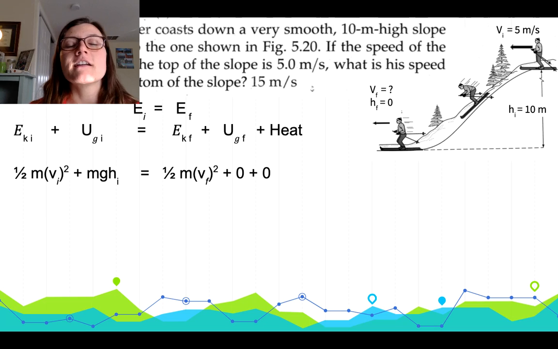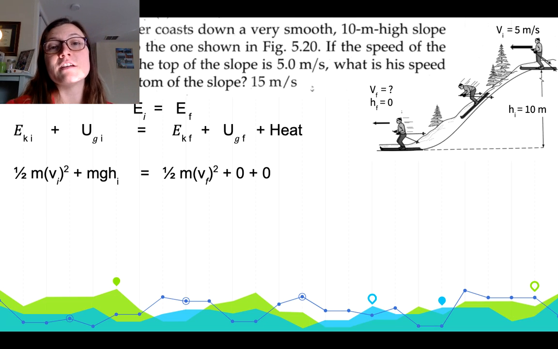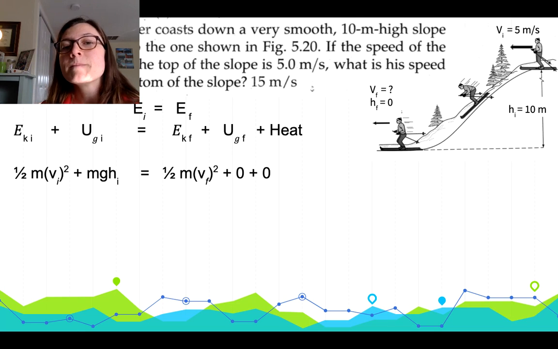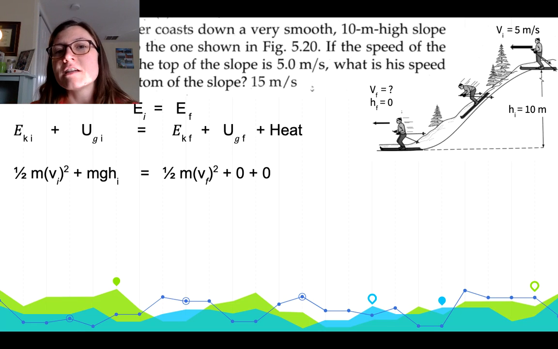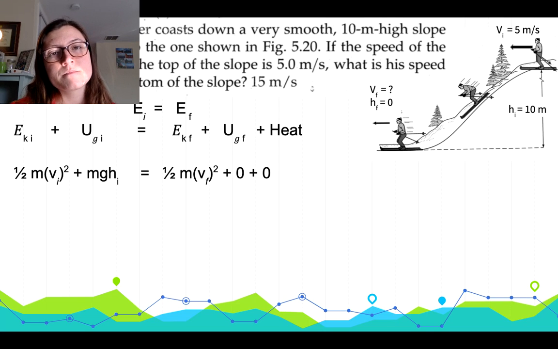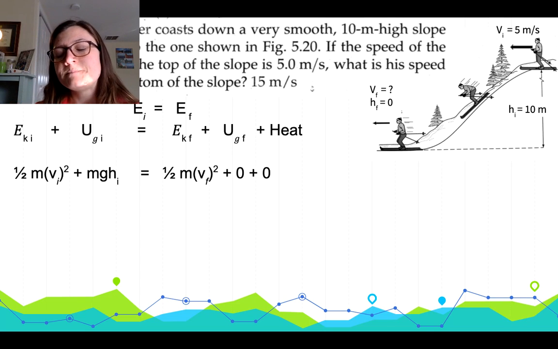Kinetic energy is 1/2 m times the initial velocity squared, plus initial gravitational potential, which is m times g times the initial height, must equal 1/2 times the object's mass times final velocity squared. We don't know mass, so we're going to leave that as a variable. I'm going to plug in everything else that we know from our diagram in the corner.